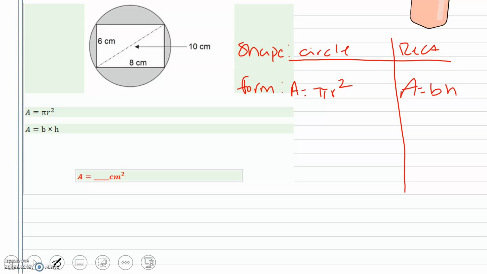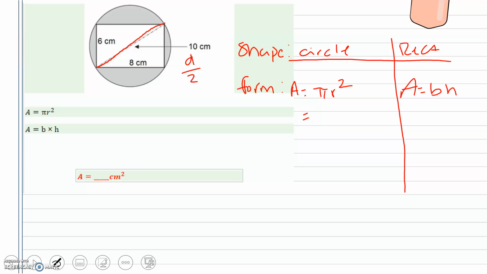So let's first look at the circle. I notice that my circle from edge to edge in this rectangle lets me know that my diameter is 10 centimeters. This is my diameter, but I need to find the radius. So I want to take that diameter and divide it by 2.